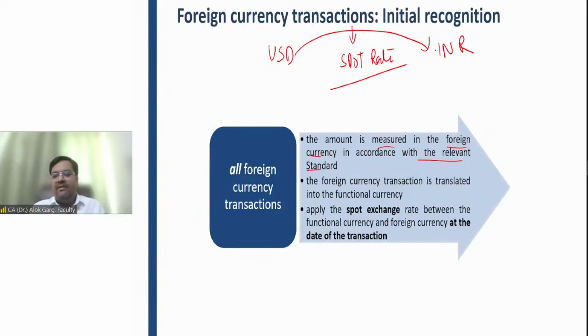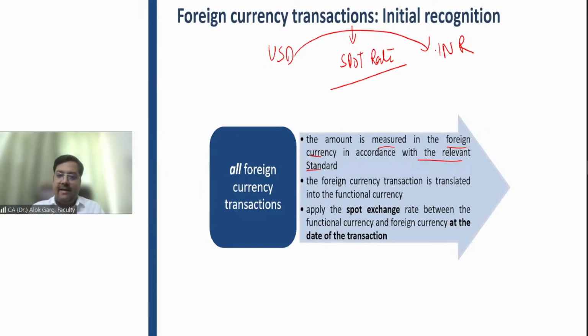Let's say I am purchasing around 50 consignments in a month and 600 consignments in a year from the USA. Sir, for every consignment, do I need to check the spot rate on the date of transaction?